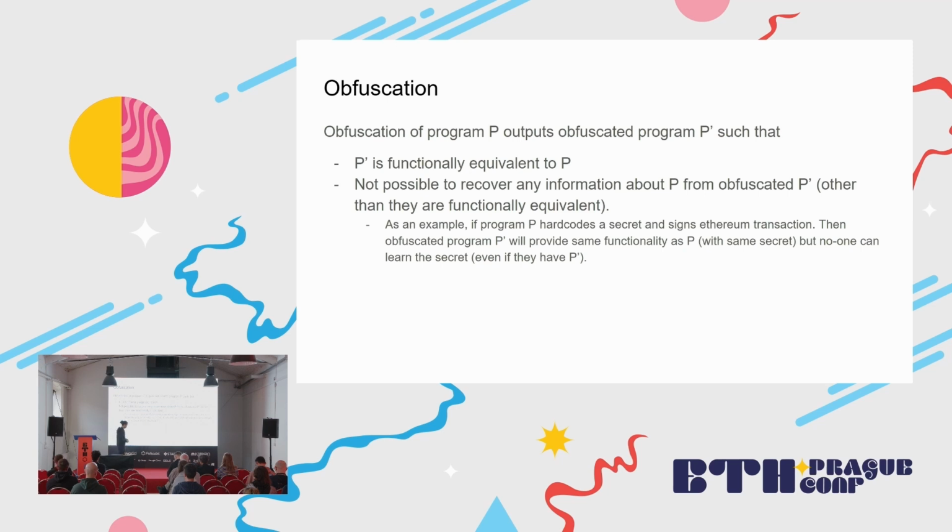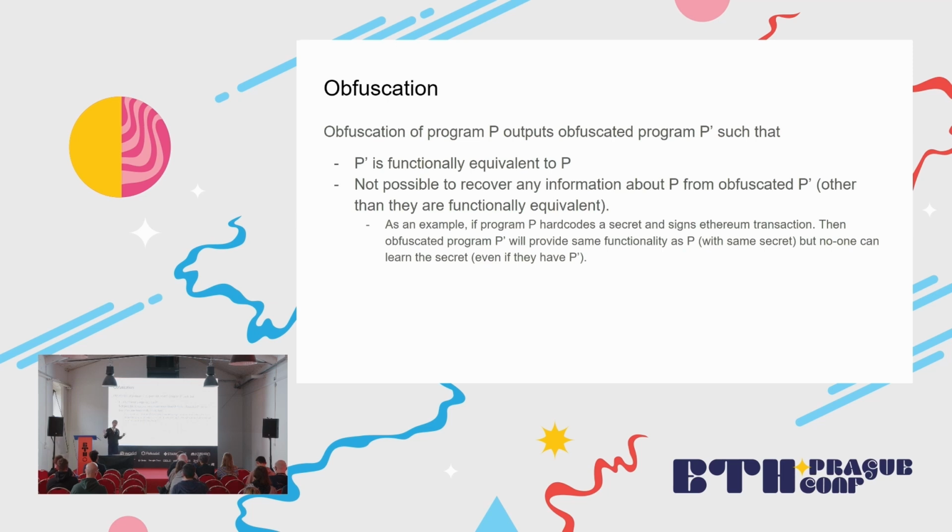What is obfuscation? Using a practical obfuscation scheme, you can take a program P, any program that you want, and transform it, obfuscate it, and get an obfuscated program. You can give this obfuscated program to anyone else. They can execute this program on any input and produce some output. Think of it as an API to the program.